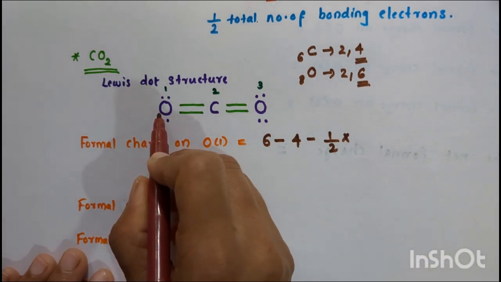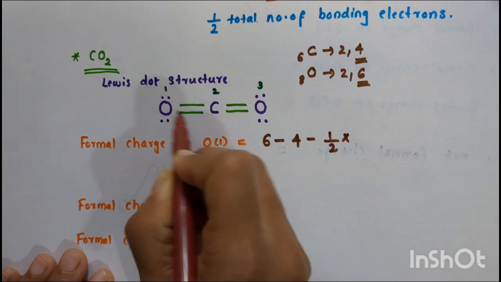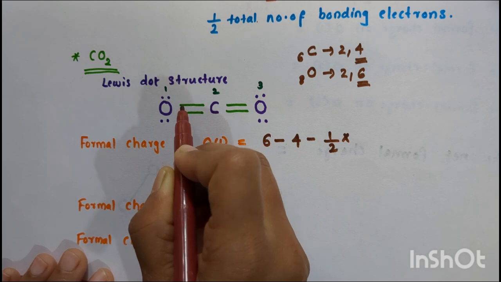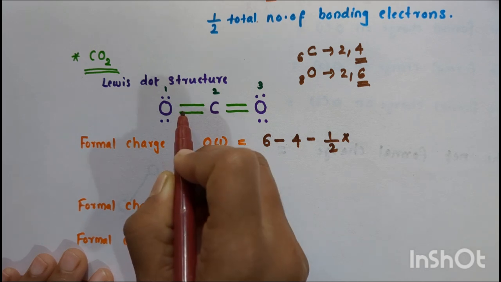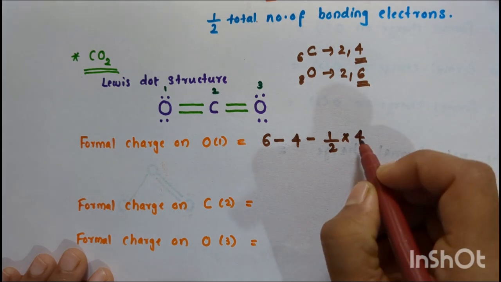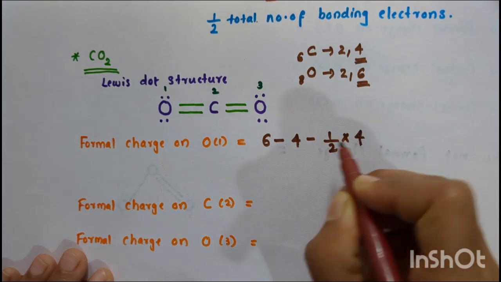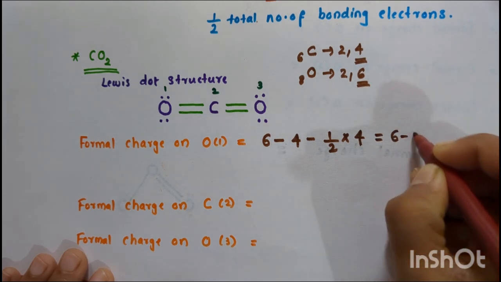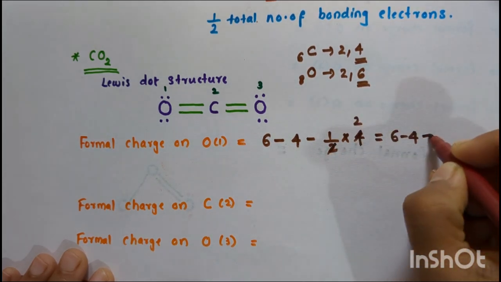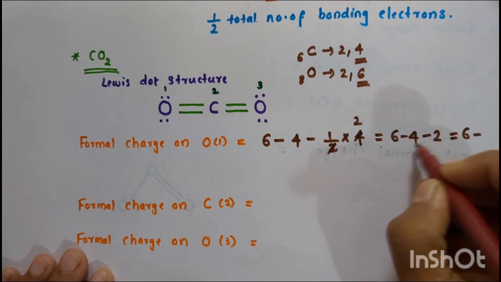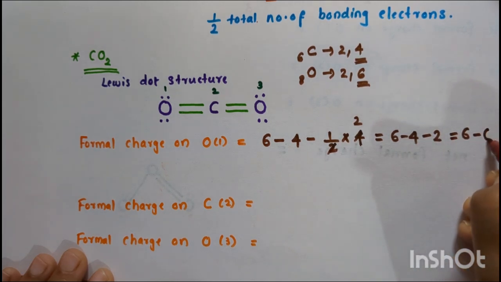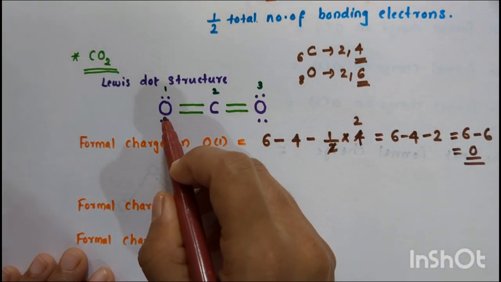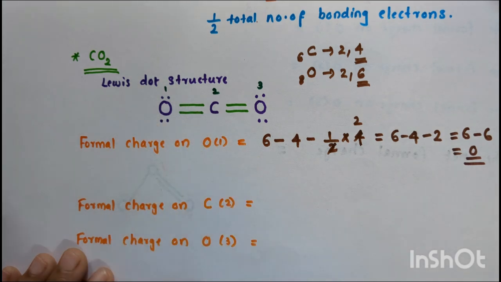There is one double bond connected to this oxygen atom. A single bond has 2 electrons, so a double bond has 4 electrons, and half of 4 is 2. So this is 6 minus 4 minus 2, which is 6 minus 6, equal to 0. The formal charge on oxygen atom 1 is 0.